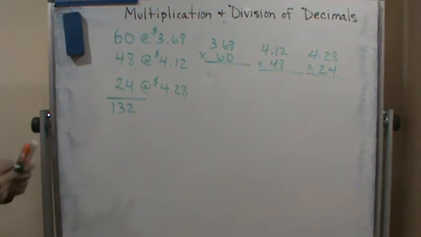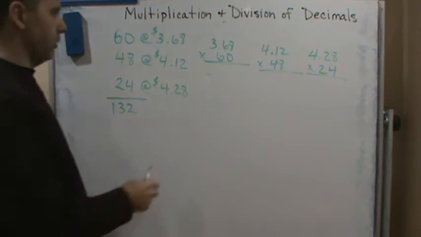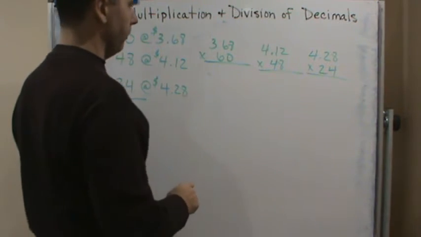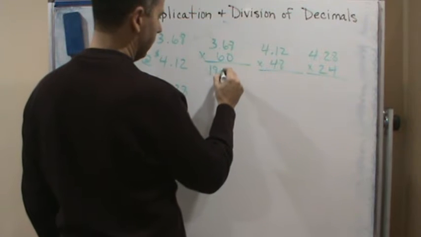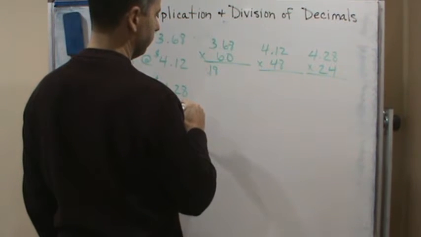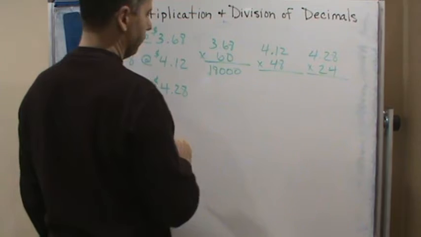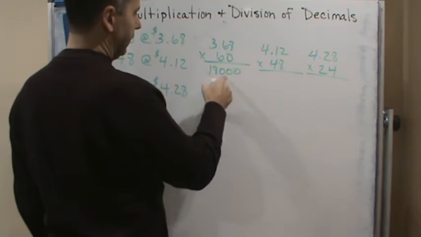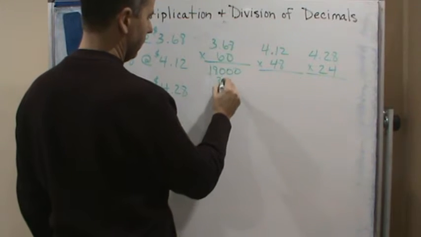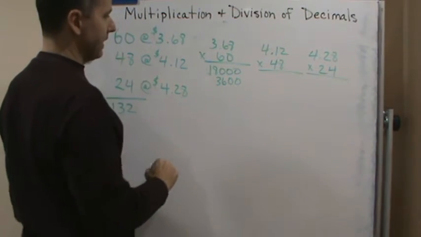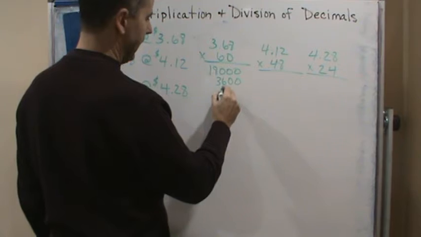Okay, so we got to multiply those to get the total cost for each order. So let's do that. Well, this is going to be 18, and then 36, and then 6 times 8 is 48.